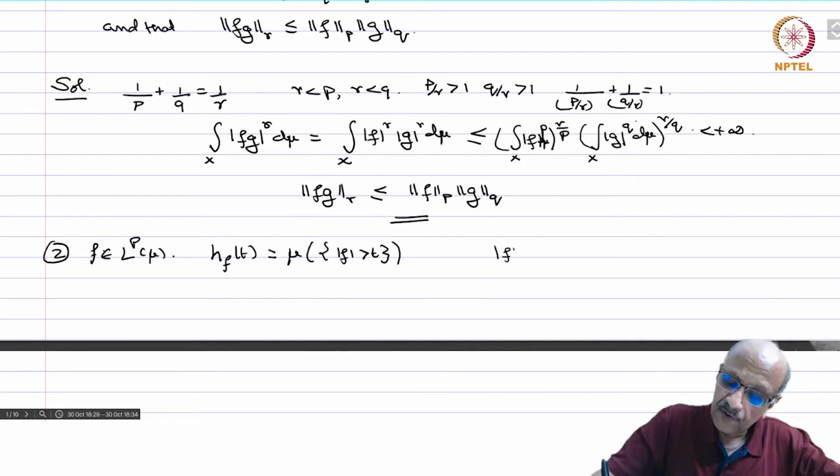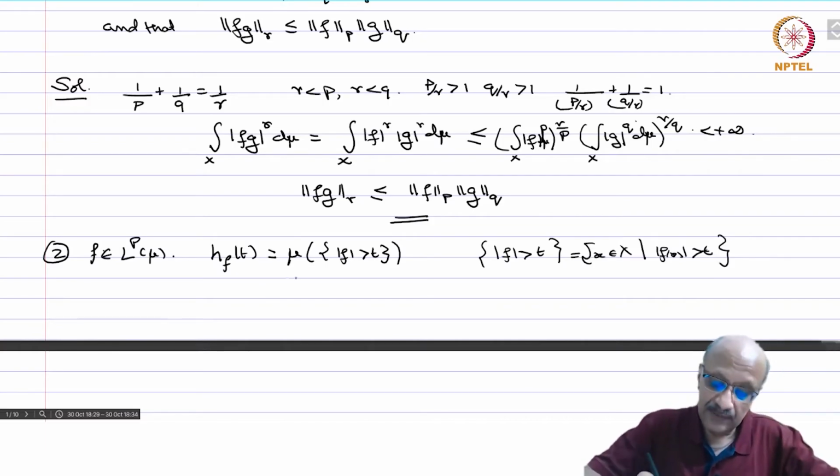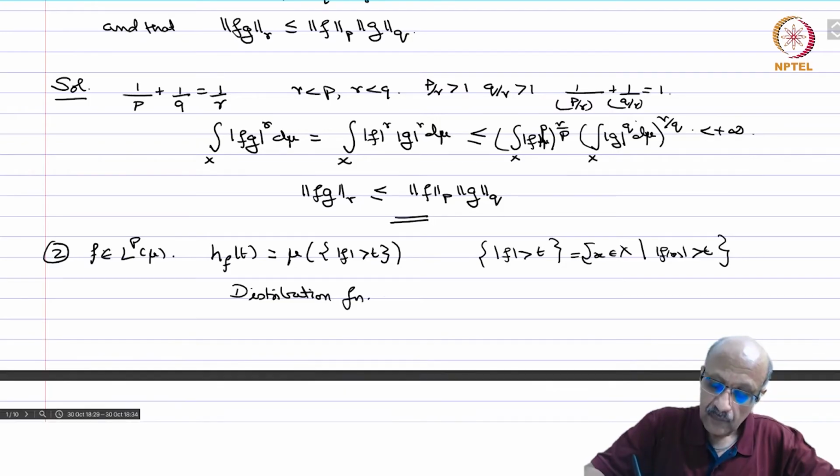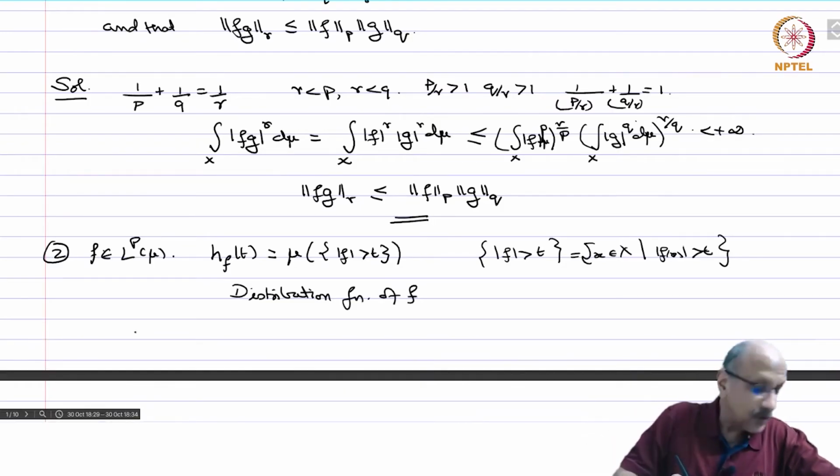Recall, {|f| > t} is the set of all x in X such that |f(x)| is bigger than t. So this is a measurable set, and therefore its measure can be defined, and so this is called in fact the distribution function of f.